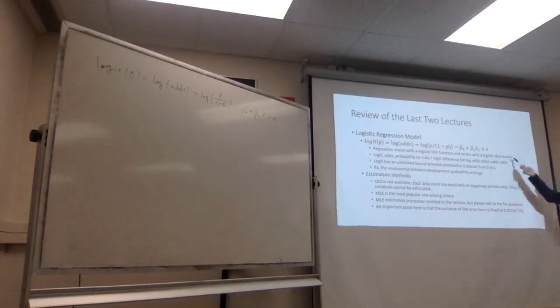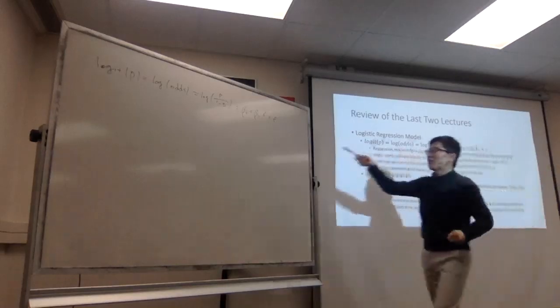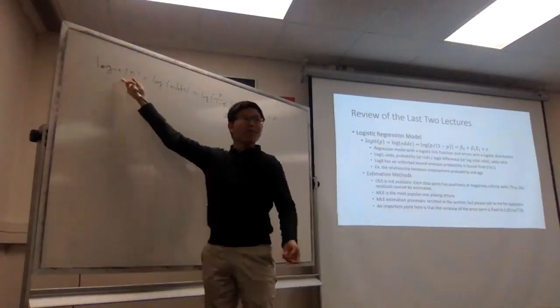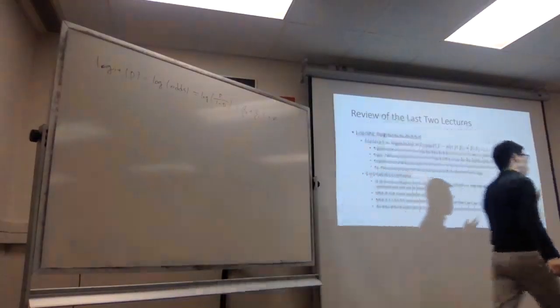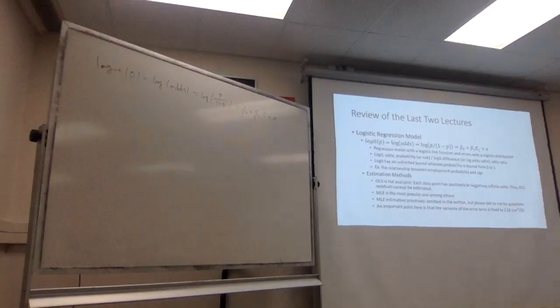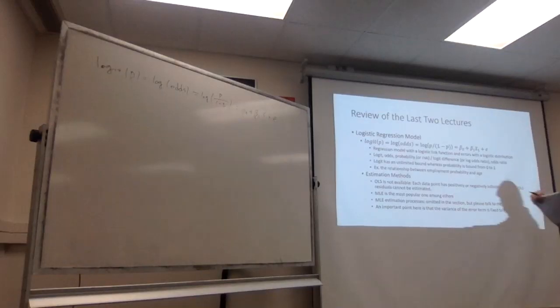You can just know this fact without knowing what a logistic distribution is. Any questions? Nope. But you have to know the logistic link function, which is this one. So let's talk about logit, odds, and all that fun terminology.